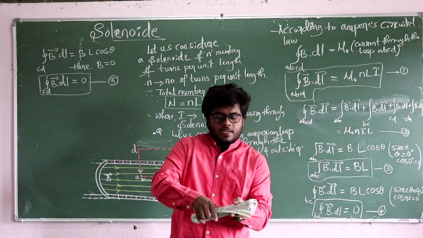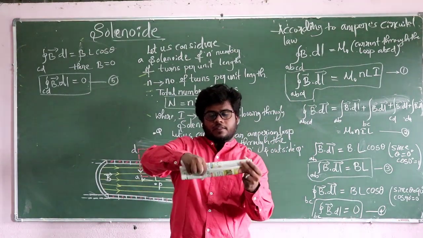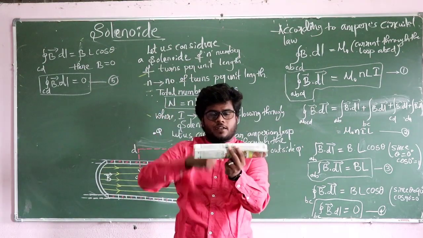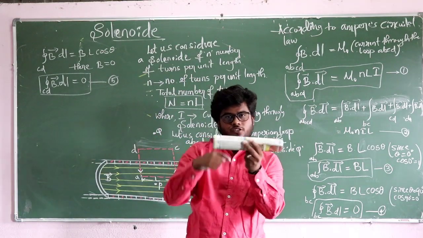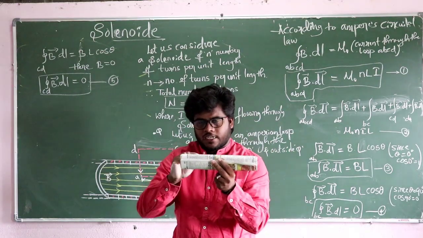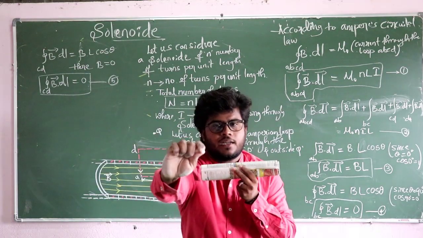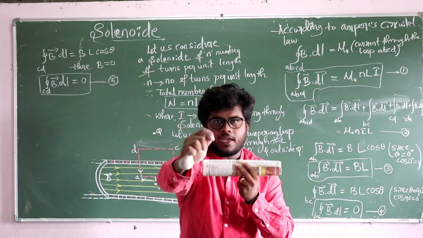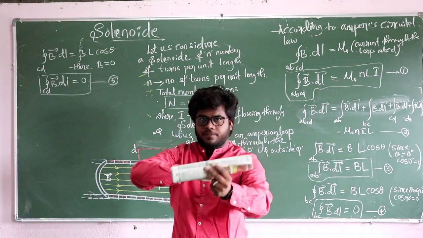it is a cylindrical coil wound with insulated copper wire. How do we wind the conducting wire? Like this.